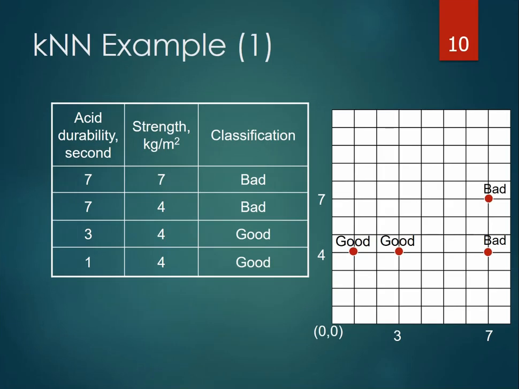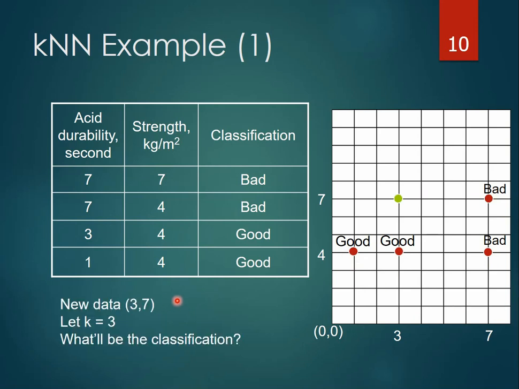Now let's look at some examples of kNearestNeighbor. This is the first example. We have several data points with the coordinate 7, 7, which is classified as bad. 7, 4 as bad. And we have 3, 4 as good and 1, 4 as good.